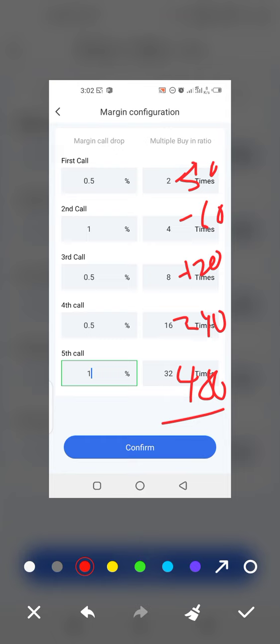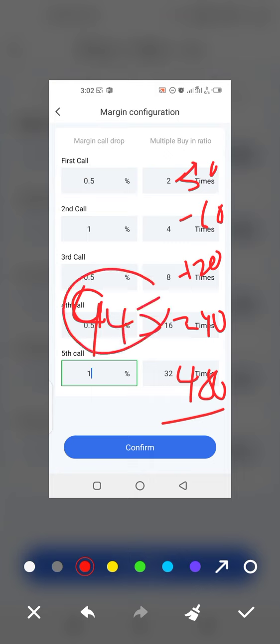So if you add the total, this type of person who decides to use this to trade basically has some good capital, because it's close to 945 including the first buying amount. This is close to a $1,000 deal.